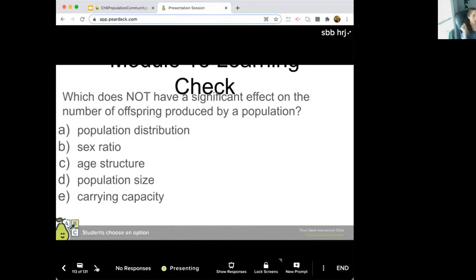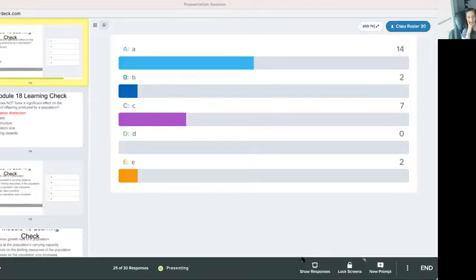All right, which of these is not going to have a significant effect on the number of offspring produced by a population? I'm going to go like this again to see if you agree or disagree with your peers.